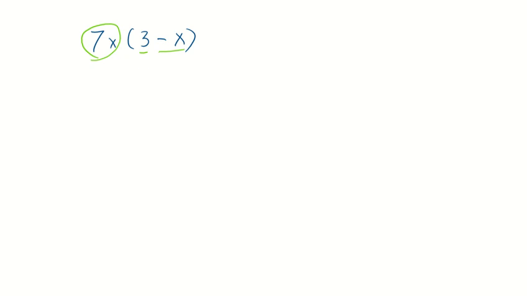So what we will do here is distribute the 7x, distribute that one term to each of the two terms. So 7x times 3, that will give you 21x. Then 7x times negative x, that will give you negative 7x squared. Right. That could be the answer.